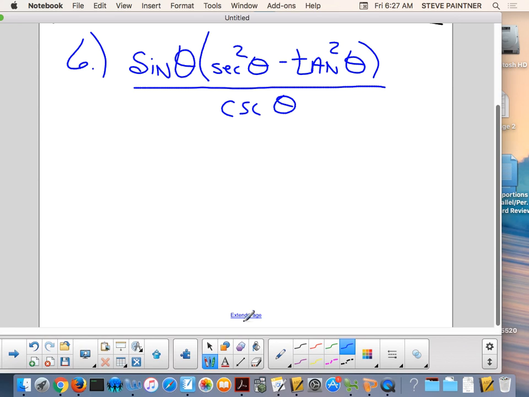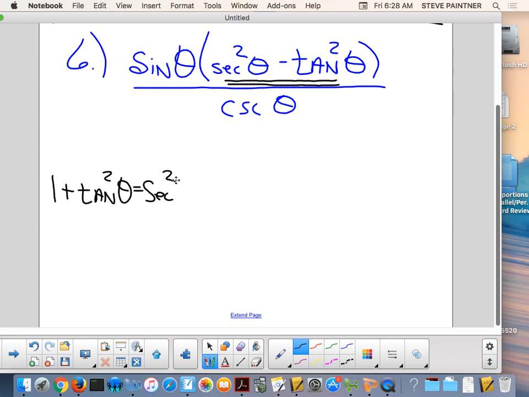Okay, now that Mr. Kuntz let you work for a couple minutes, let's take a look at this. First of all, I hope you and your partner that you're sitting by recognize this as a Pythagorean identity. Now remember, this is a Pythagorean identity. Right there.